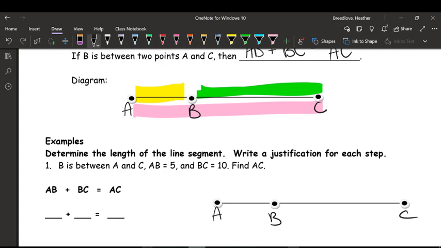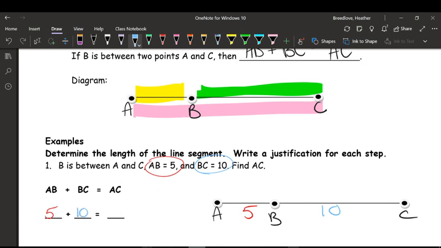AB is 5. All right, so I'm going to take information. AB is 5. Here's AB. That's 5 right there. And also I can do it in equation form at the same time. AB is 5. BC is 10. Here's BC is 10. From B to C, that's 10.